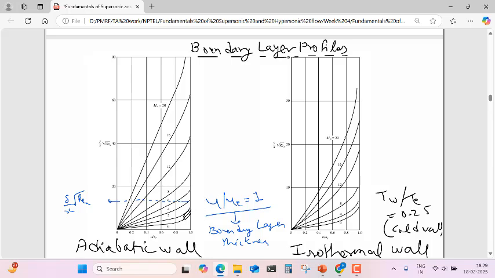As Mach number is increasing, the boundary layer thickness is increasing very rapidly. Similarly for the isothermal wall, the boundary layer thickness is increasing very rapidly as we increase the Mach number. So our boundary layer thickness is directly proportional to M square.